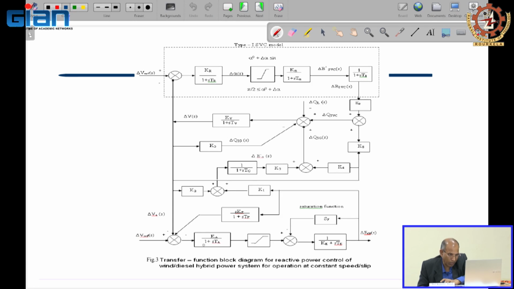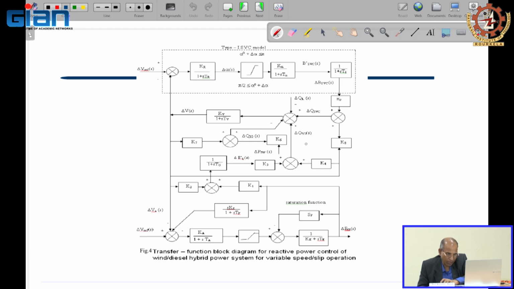Like here you can see what you see for this induction generator at constant speed, but in another slide you will see that to consider the effect of variation of the wind speed, accordingly the slip of the induction generator will change and how the reactive power change will be there. Okay.